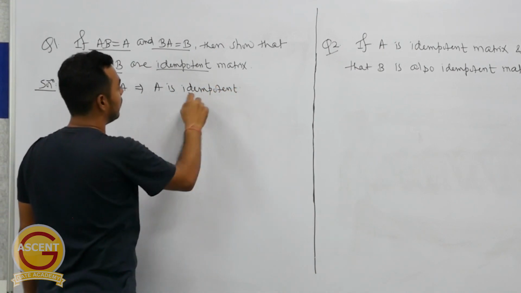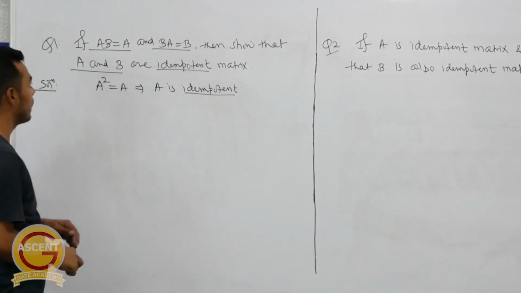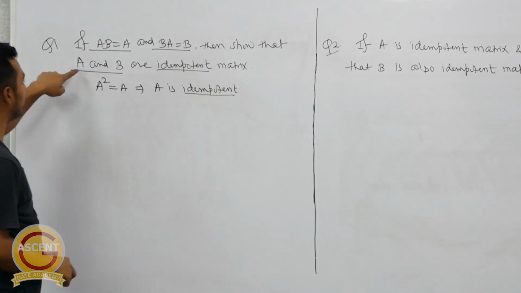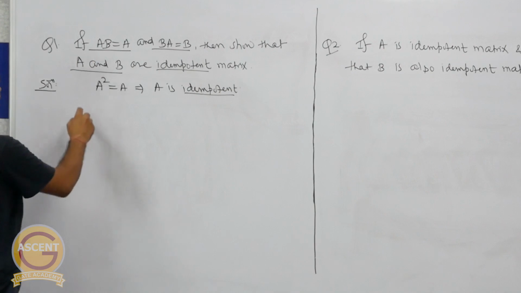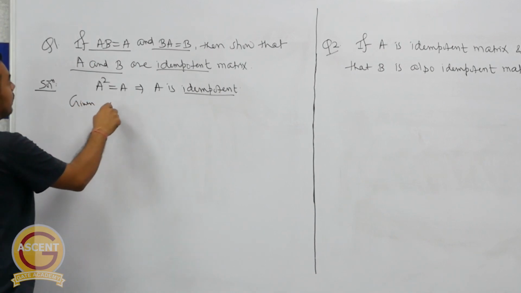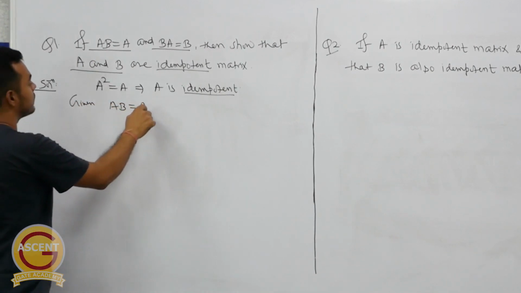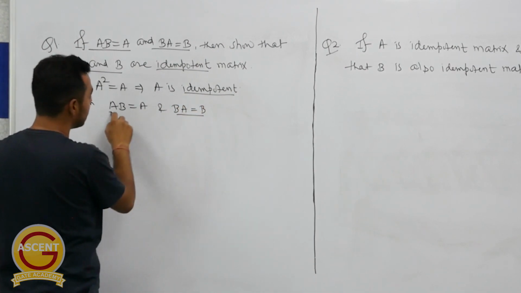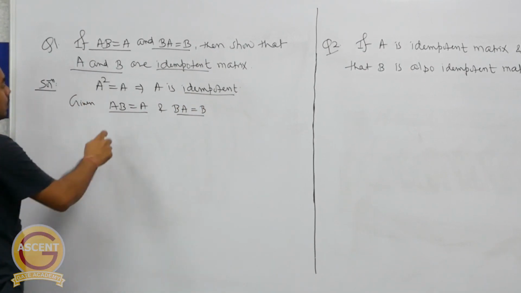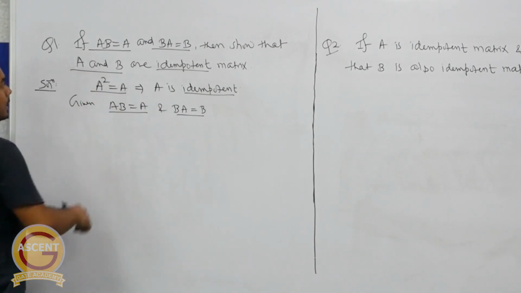Now we have to show that these two matrices A and B satisfy this condition. The information that is given is A into B is matrix A and B into A is matrix B. So if I can show that A square is A, then it means A is idempotent matrix.